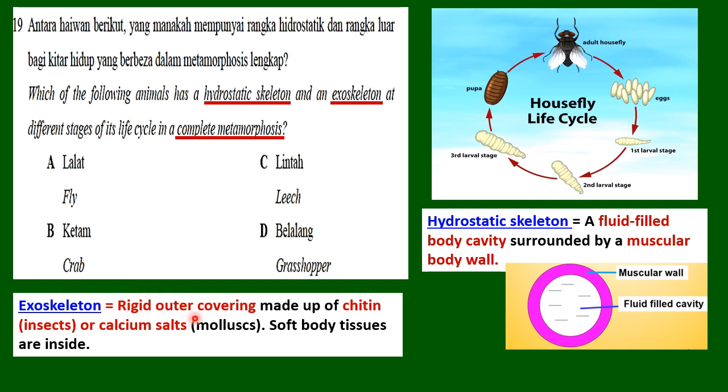So it has a rigid outer covering made up of chitin, and this is its exoskeleton. The soft body tissues are inside. Exoskeletons are also found in mollusks, like the snails, that build their shells using calcium salts. But the insects do have exoskeleton. So the answer is A.